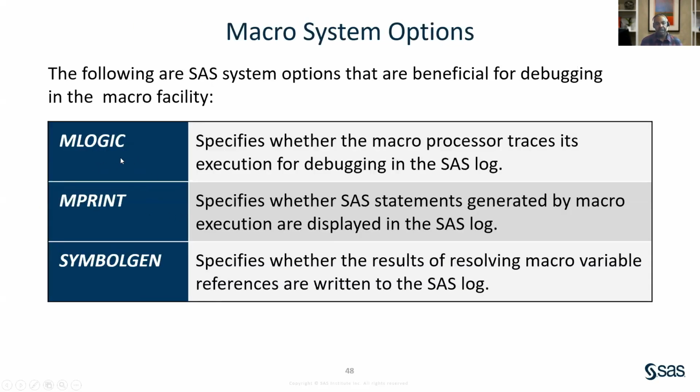As I stated, MLOGIC specifies whether the macro processor traces your execution for debugging. It will also give you the result of %IF %THEN %ELSE. MPRINT will show you the code generated by the macro program and submitted to be compiled and executed. SYMBOLGEN will show you the resolution of macro variables.